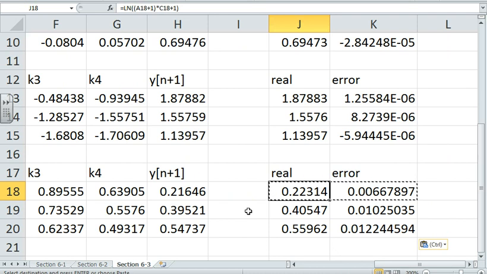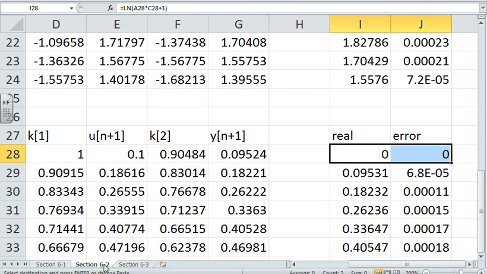Okay. Any bright ideas? What did I do wrong? Okay, so this should be the fifth guy right there, 0.39521. And here we have 0.4 something. Just doesn't seem right.